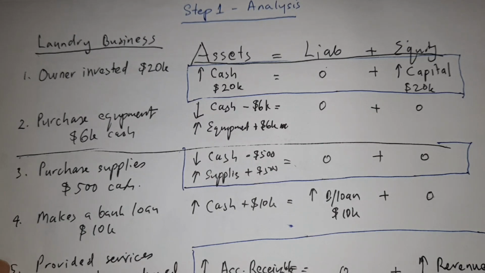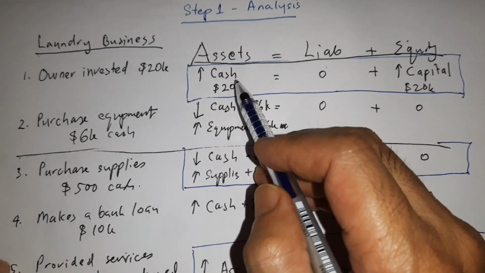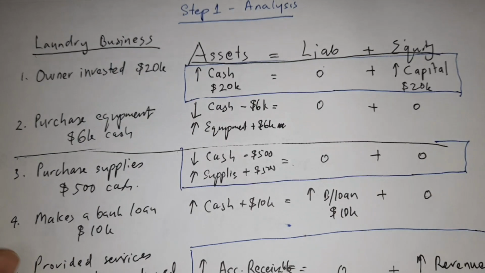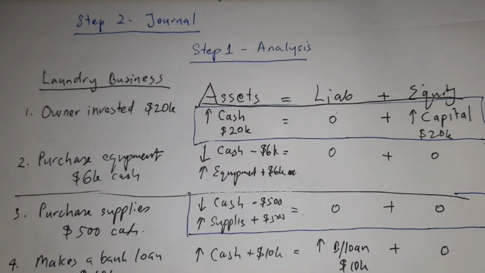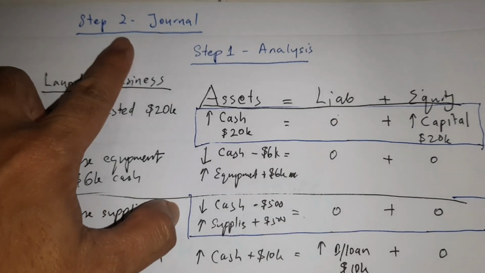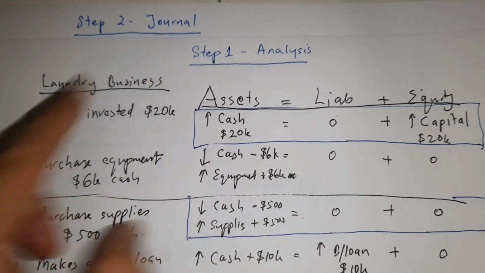When the transaction happened, the process of recording started. When the transaction happened, you have to analyze the transaction. After you have analyzed the transaction, you have to do step 2 in the accounting cycle. You have to record the transaction in the journal.